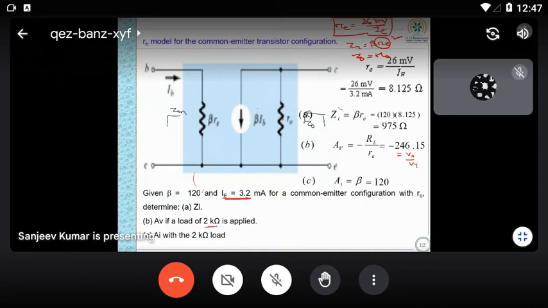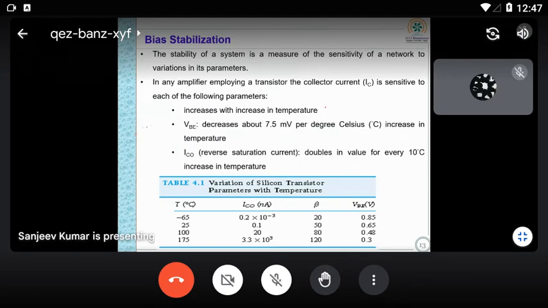In each case, you can see input impedance increasing. Remember, this is a basic point. In these devices, researchers are trying to provide more input impedance for better amplification. You can see this in common base and common emitter configuration input impedance.